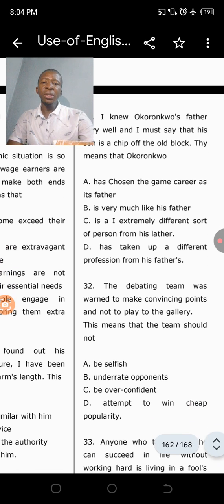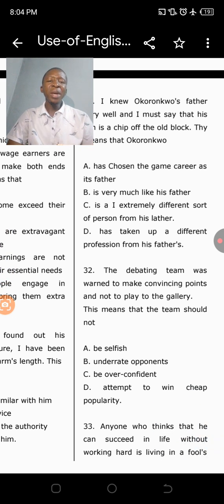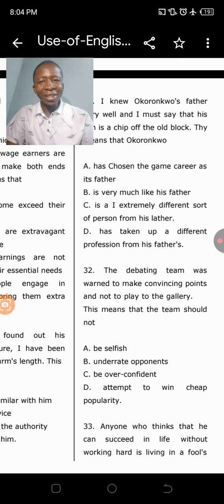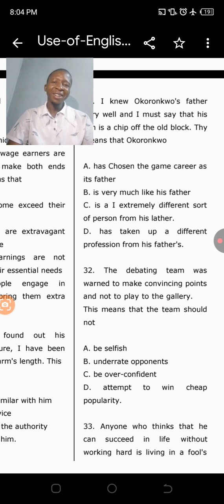Now, question 32. The debating team was warned to make convincing points and not to play to the gallery. Wow, playing to the gallery. A lot of us do that. We actually play to the gallery on a daily basis because we want to be noticed. Here, the students are being advised not to play to the gallery.